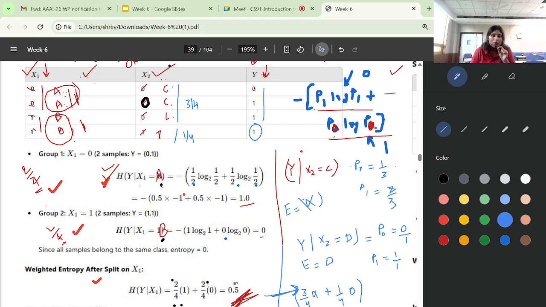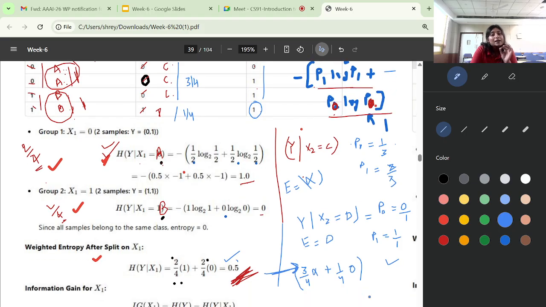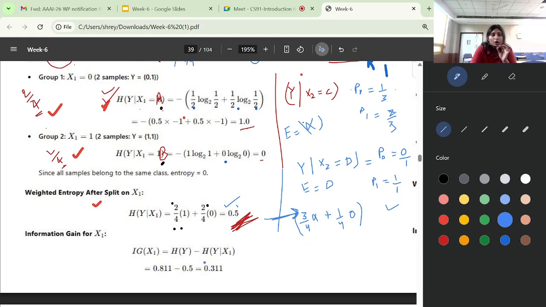So now these are the points on which you want to make a decision. So let's make some interpretation out of it. We calculate the information gain here. Information gain is the actual entropy minus the current entropy.